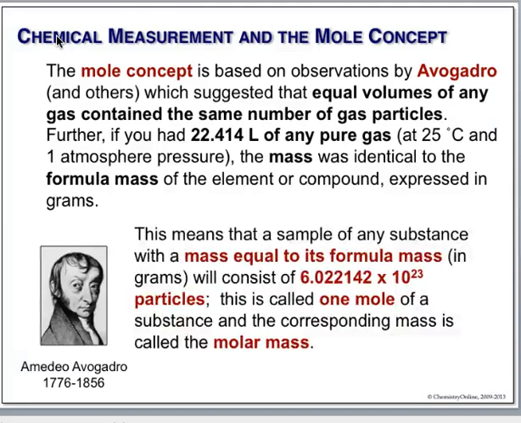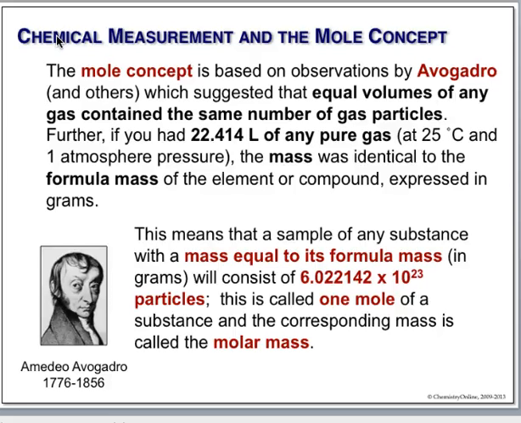What this means is that if we have any substance, any compound, any element, and we have 6.02 times 10 to the 23rd of those, the formula mass expressed in grams will be the same as 6.02 times 10 to the 23rd particles of that substance. Formula mass, we'll see, is simply the mass you get by adding up the masses on the periodic table.